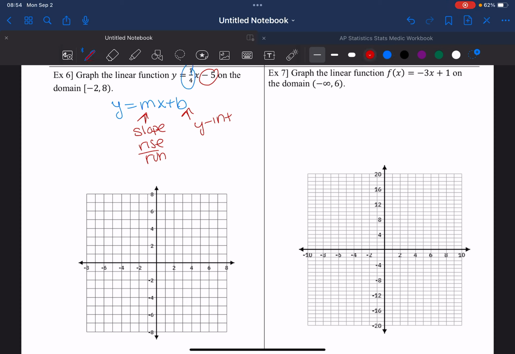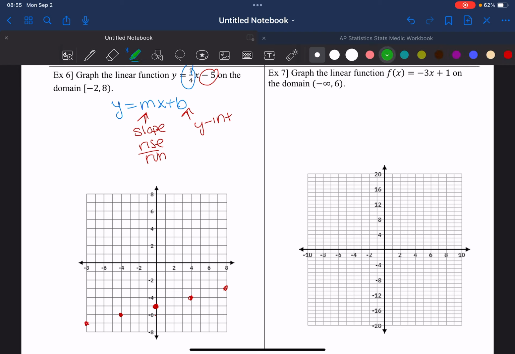I'm first going to plot my -5, and then I'm going to do my slope, up 1, right 4, 1, 2, 3, 4. And then I'm going to do the opposite direction: down 1, left 4, down 1, left 4.